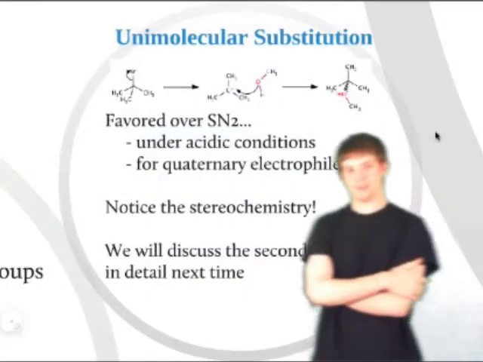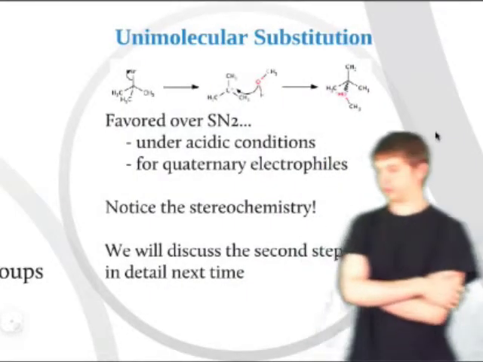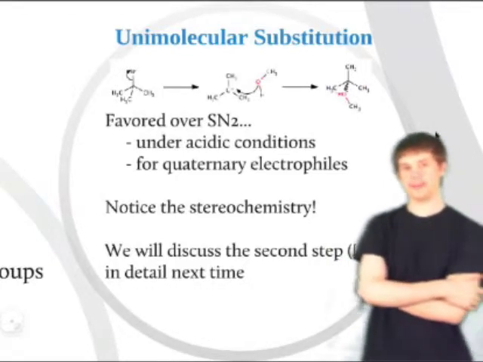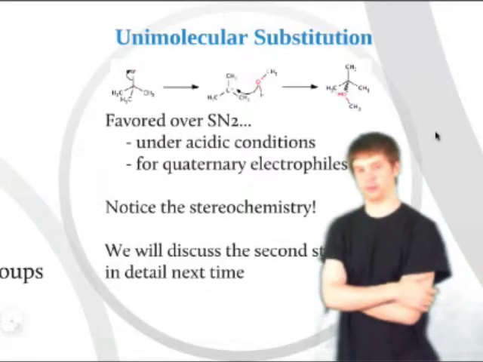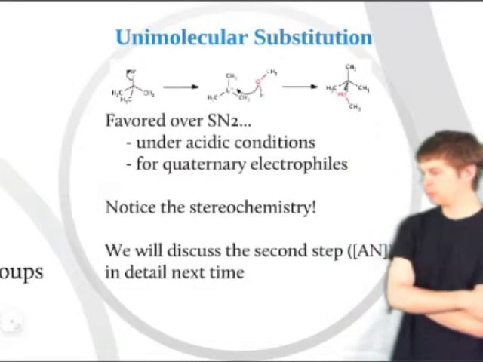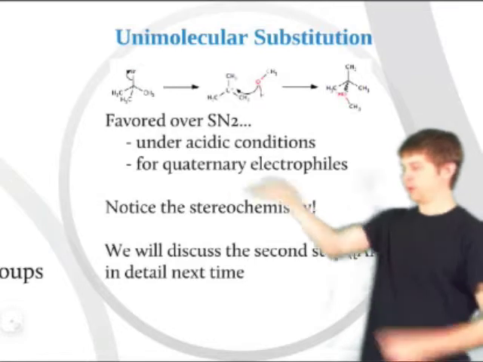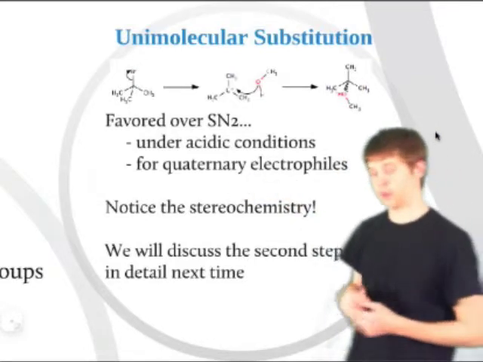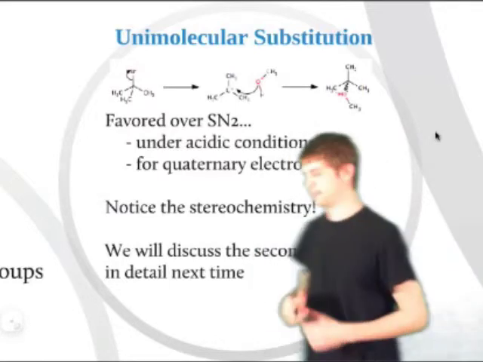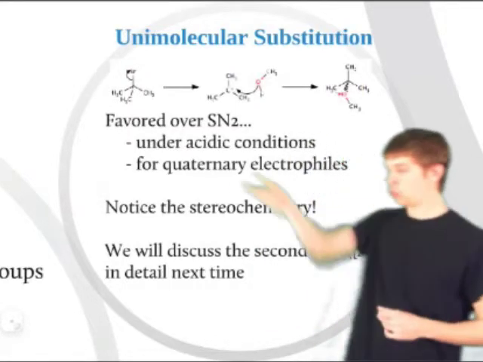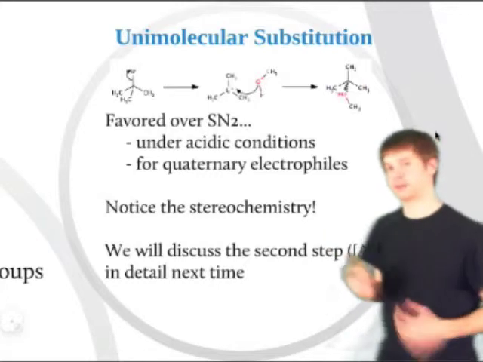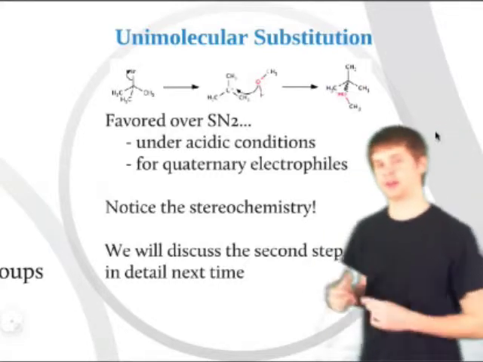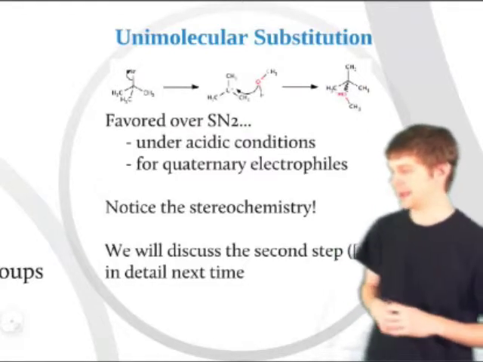The very last example I wanted to talk about was the unimolecular substitution, and this is one we'll get into in more detail next time when we look at AN in a little more detail as well as DE. But the unimolecular substitution is, again, favored over SN2 under acidic conditions where we can really stabilize that DN step, that dissociation, and for quaternary electrophiles, so for very sterically hindered electrophiles, which actually have the advantage of hyperconjugative stabilization of that cationic intermediate.